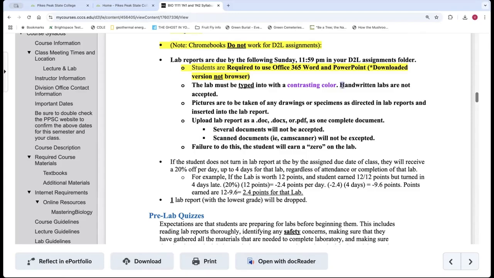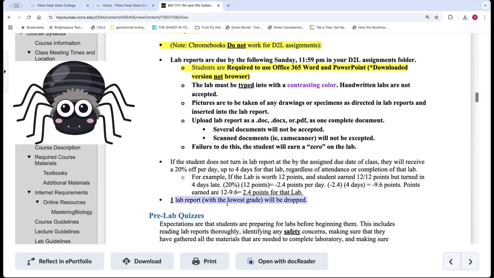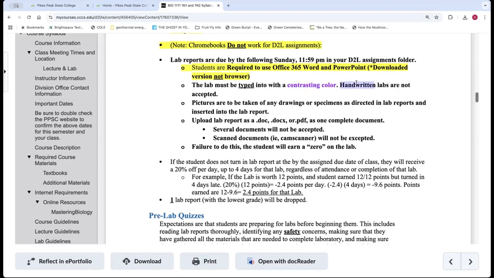Students turning in handwritten lab reports will be given an automatic 0, and there will not be opportunities to redo those lab reports. Keep in mind, you do get the opportunity to drop one lab report for the class in general. One lab report with the lowest grade will be dropped. Usually in the first few weeks, I try to really look into the lab reports to see who is not using contrasting color, who is not typing, and who is handwriting their lab reports.